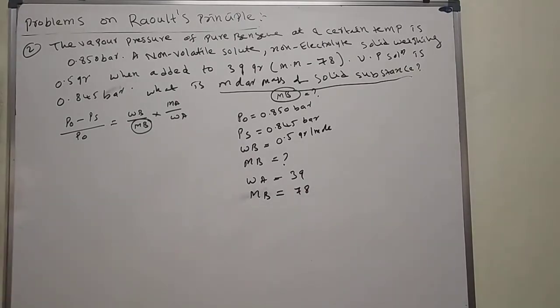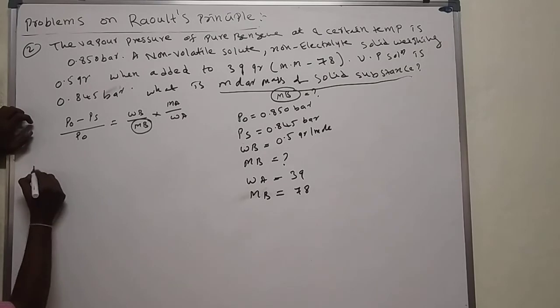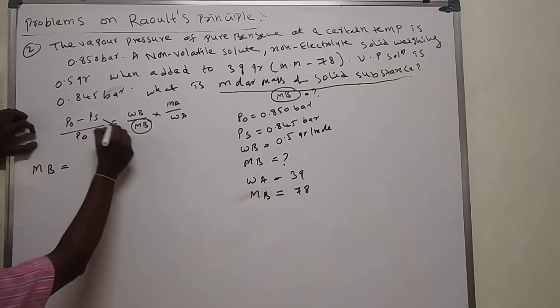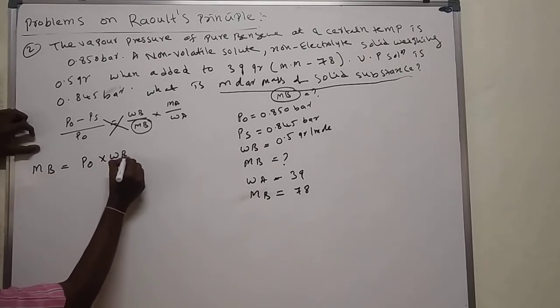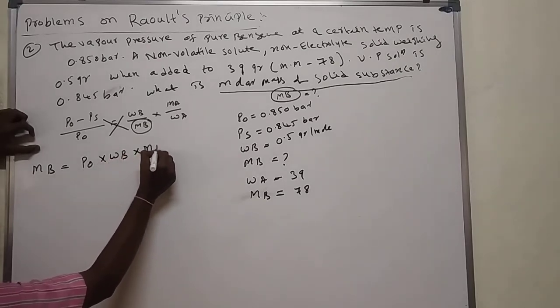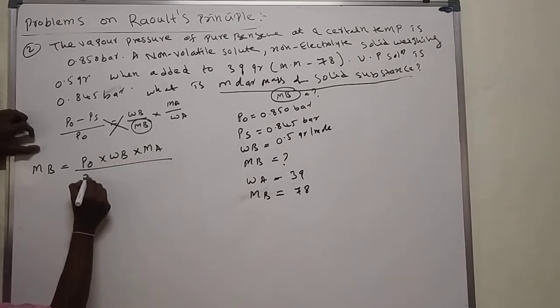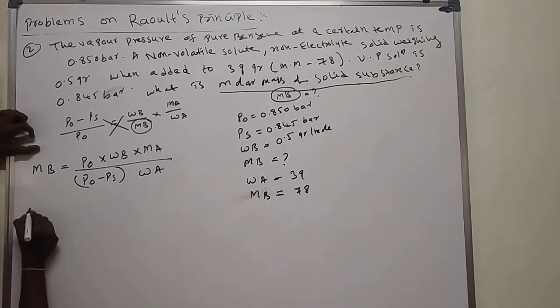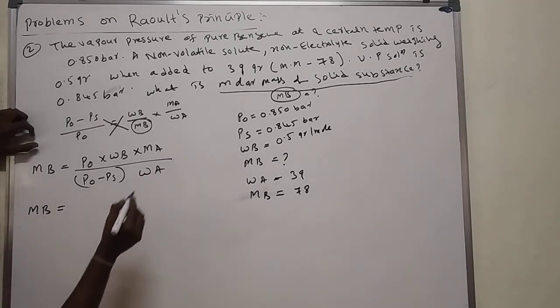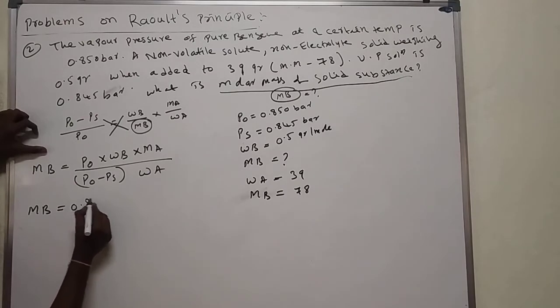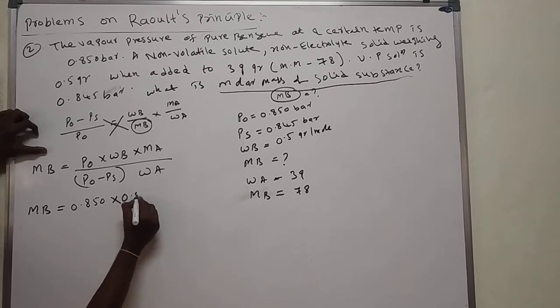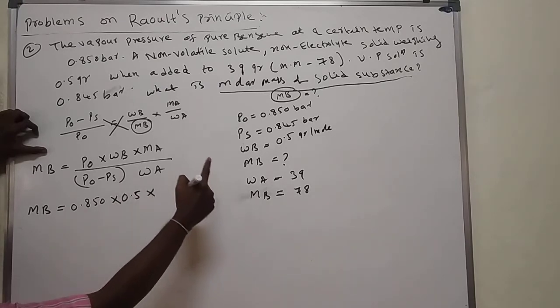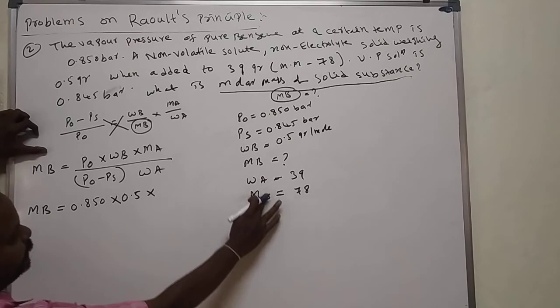This is the data. You calculate MB. How to calculate the MB? MB is equal to, cross multiply, P0 into WB into MA by (P0 minus Ps) into WA. MB is equal to, what is the P0? 0.850 into WB, 0.5, into MA. This is MA.